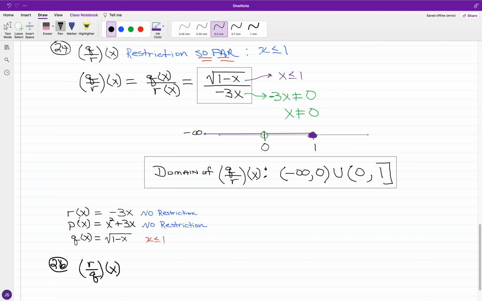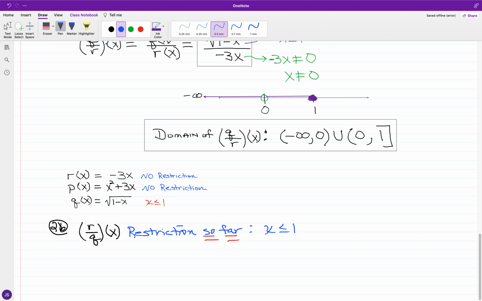Again, just looking at it up front, for r of x there's no restriction, for q of x you just have x is less than or equal to 1. I'm just going to stress, because we're dealing with the quotient function, again, there might be a whole new dynamic added. So we have just the restriction so far, x is less than or equal to 1, but there might be some more values restricted once we look at following through.